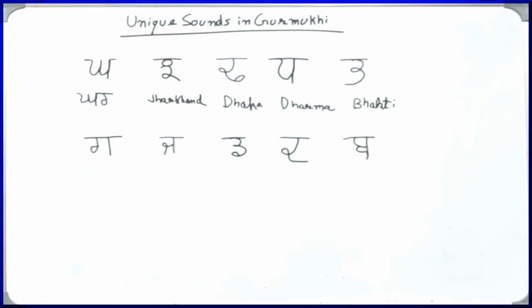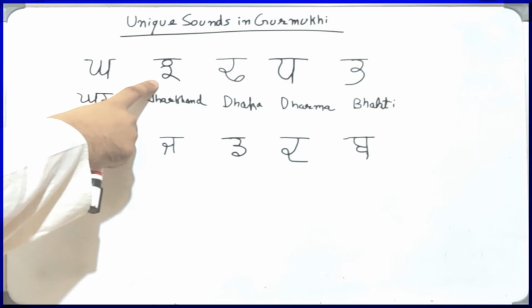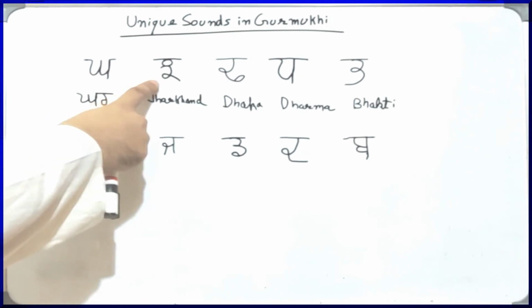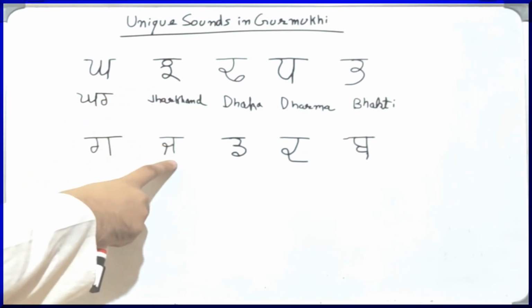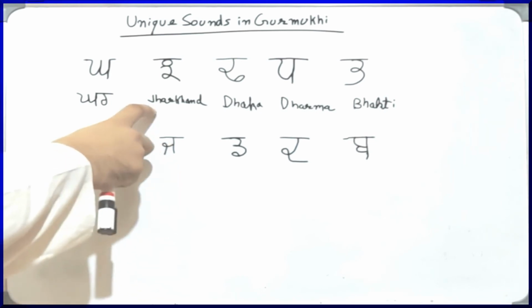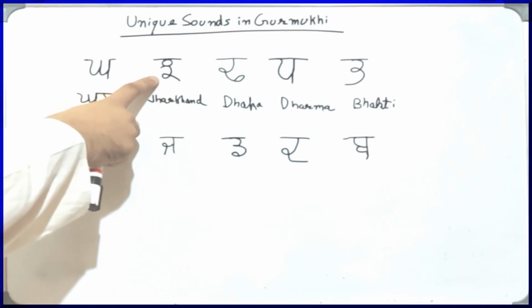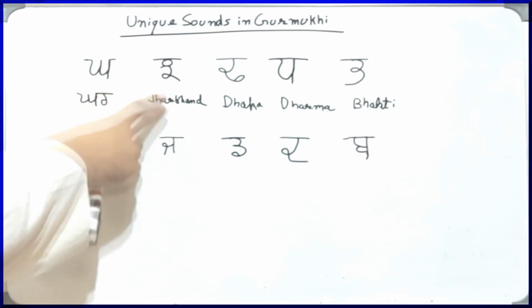Kar, not Ghar. The second letter is Chajja. This is going to give the sound of Ch, and this is Jajja. Jajja is going to give the sound of J. The example here is not Jharkhand but Charkhand. Ch, J.